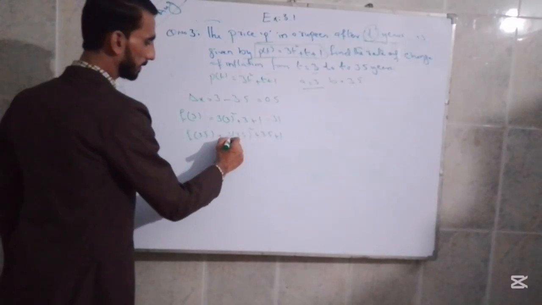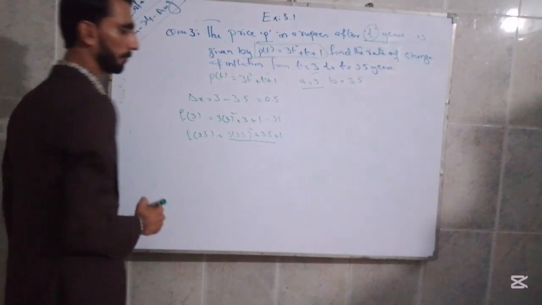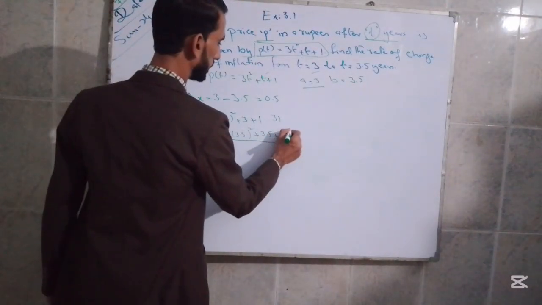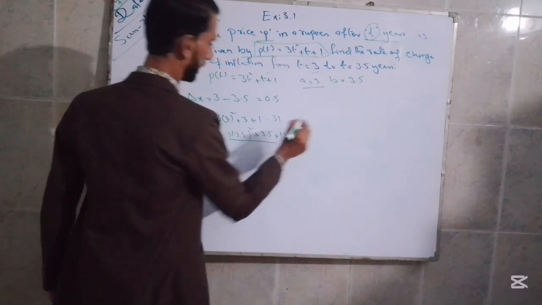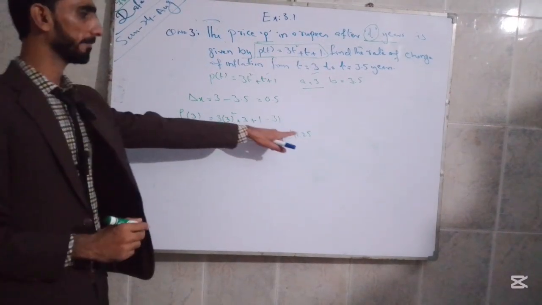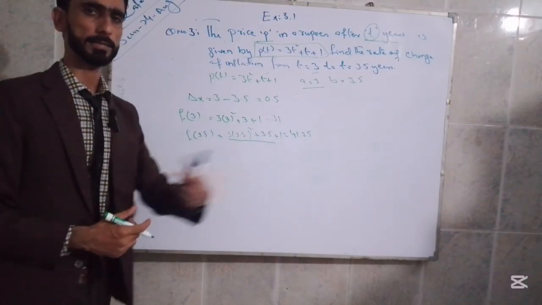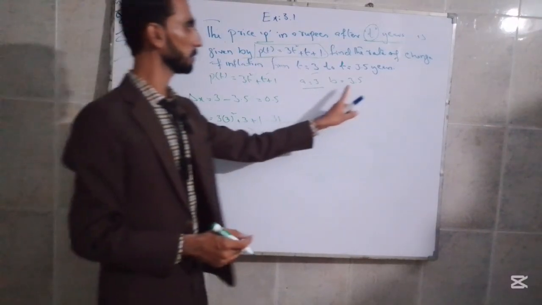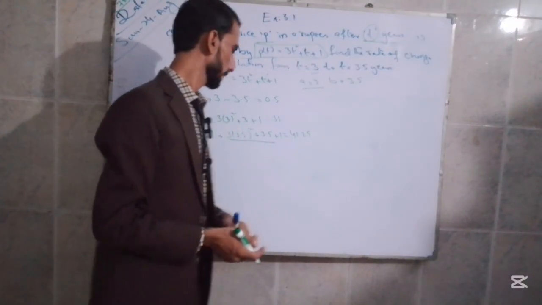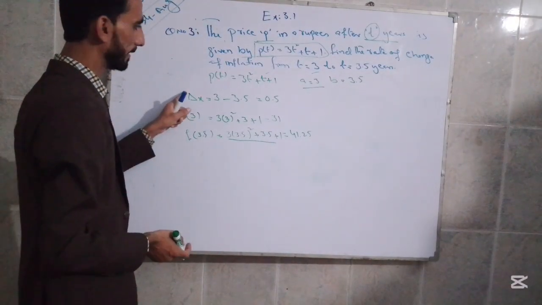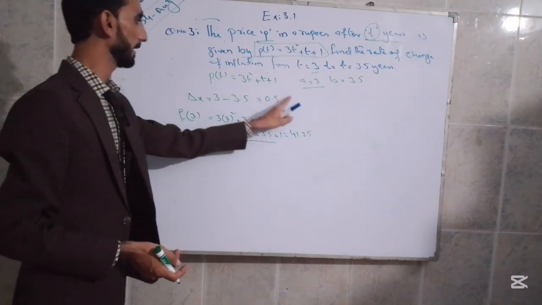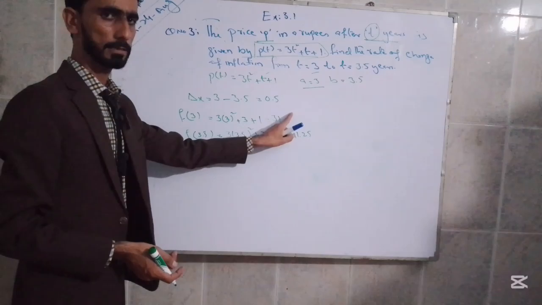When we simplify it, we get 41.25. This is the value of f of b. It means this is the value of the second point, second year 3.5. Okay, we have already found these three data.